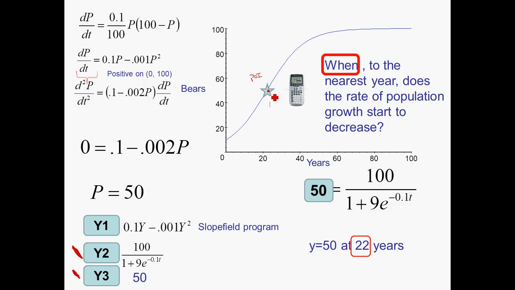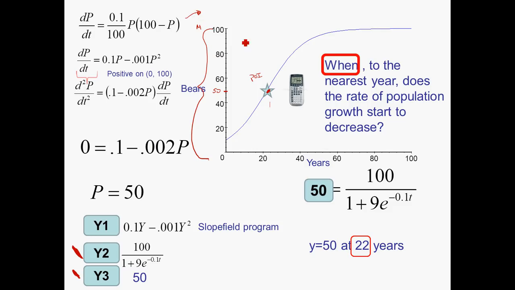The nice thing to know, if you're going to look at it graphically, is that this 50 is exactly halfway between 0 and M. That will always hold for logistic separable differential equations.